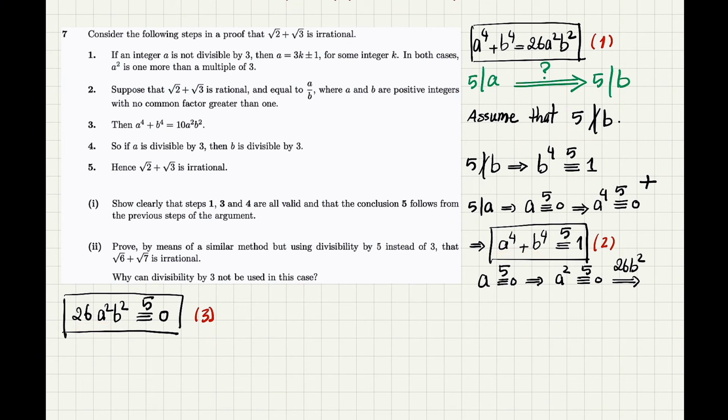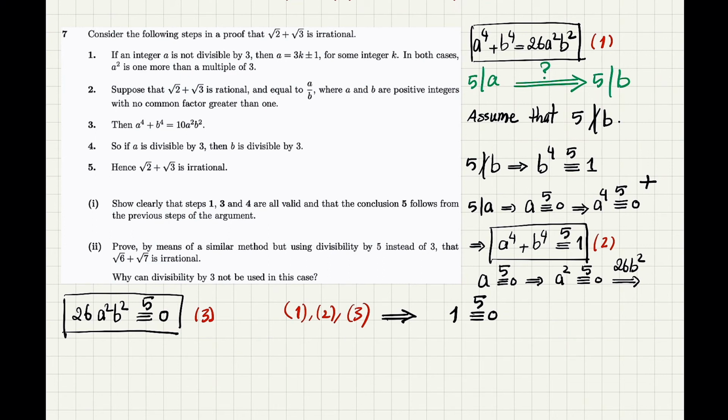So this means that if I use 1, 2, and 3, this will imply that 1 is congruent to 0 modulo 5. Yes? Because this one is congruent to 1, this one is congruent to 0. On the other hand, these two numbers are the same, so I have to come to this conclusion that 1 is congruent to 0 modulo 5, which is apparently a contradiction, yes?